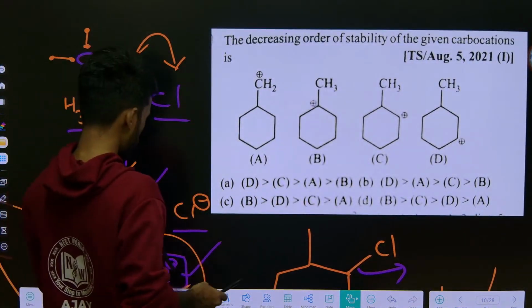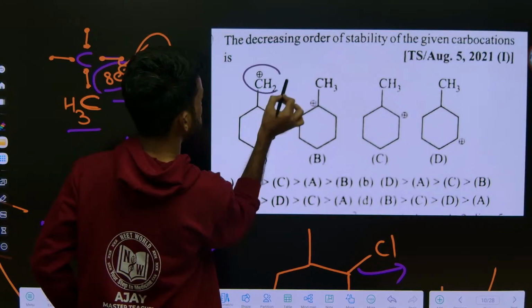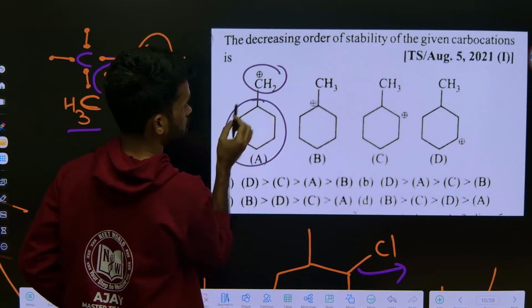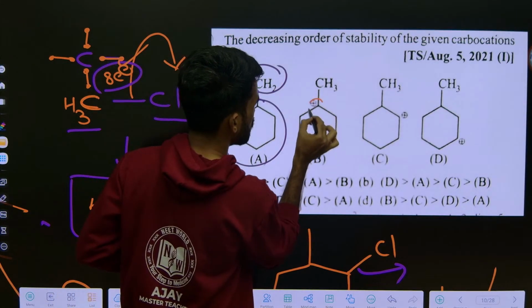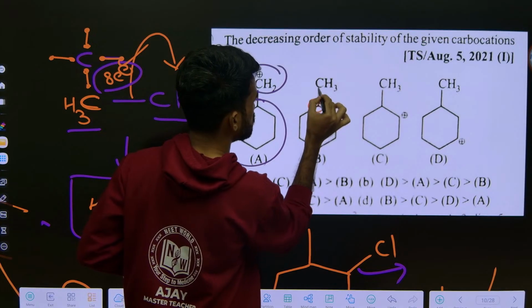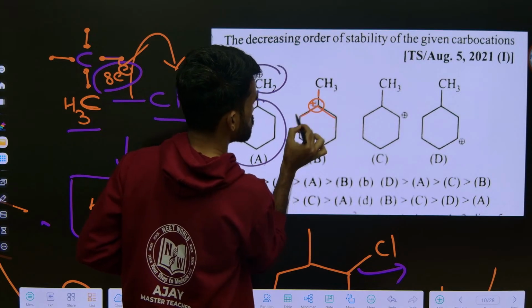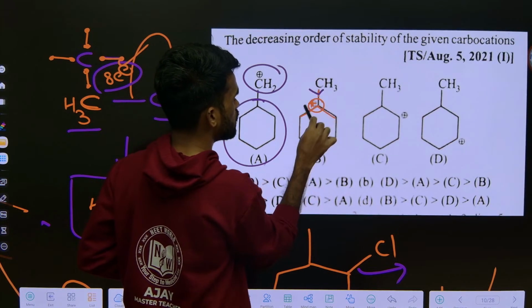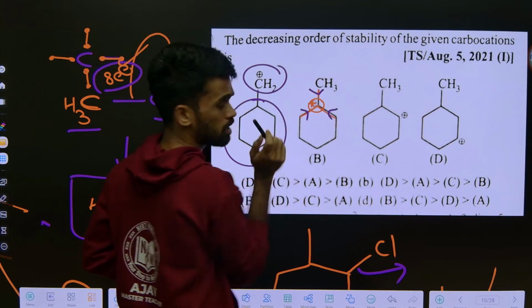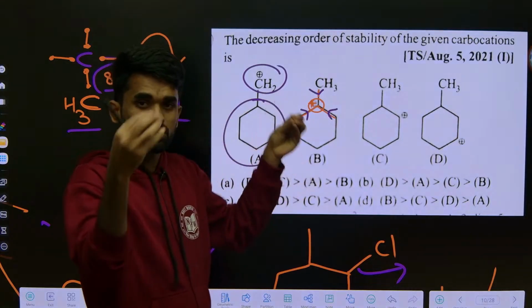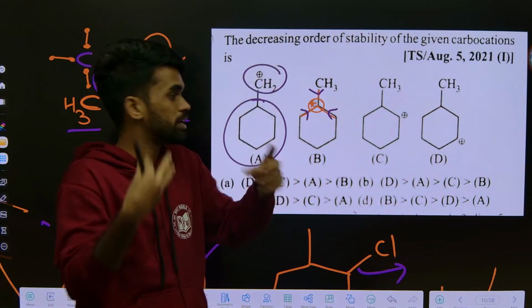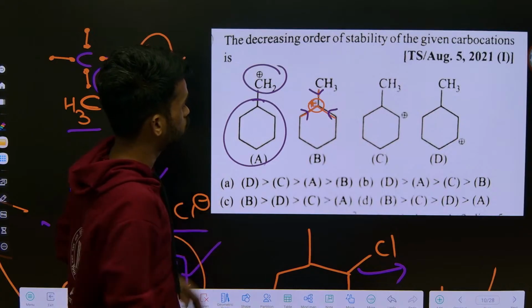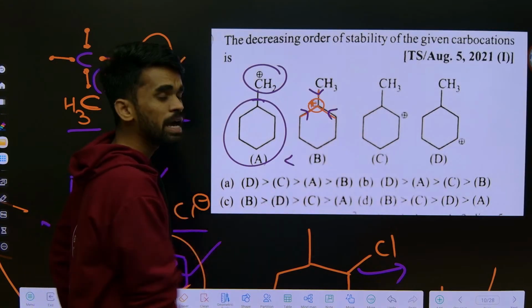This carbon is attached to just one alkyl group right now, whereas this carbocation is attached to 3 other carbon atoms. It means this carbocation can be stabilized from the above side and from these 2 sides also. The more electron releasing groups, the more is the stability of the carbocation. So therefore B is more stable than A.